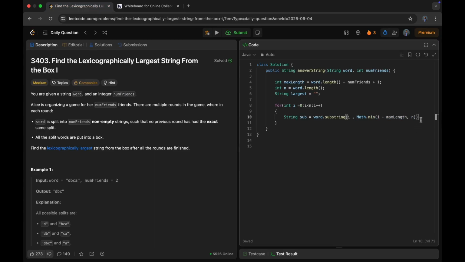So that's why we are going to use this formula. Semicolon. Now if, not sub, it is largest.compareTo(sub) smaller than or equal to 0, then largest is equal to sub.